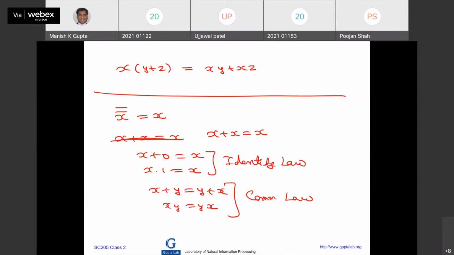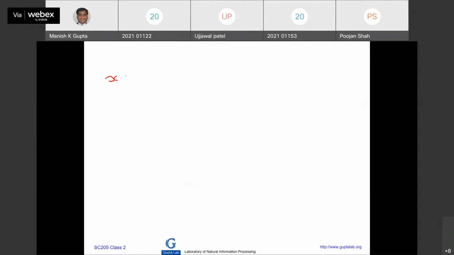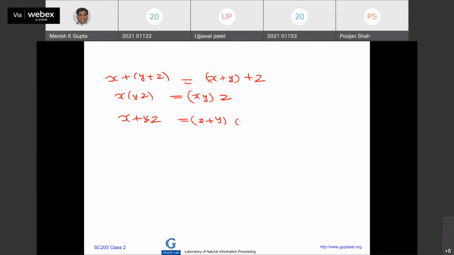Associative law. X plus (Y plus Z) is equal to (X plus Y) plus Z. X into (Y into Z) is equal to (X into Y) into Z. X plus Y into Z is equal to (X plus Y) into (X plus Z).